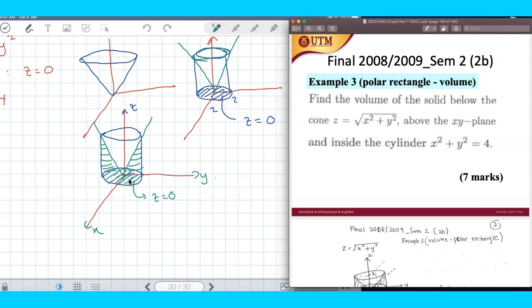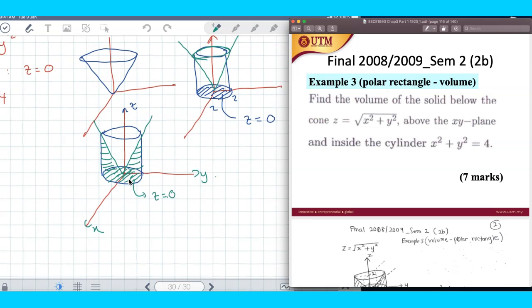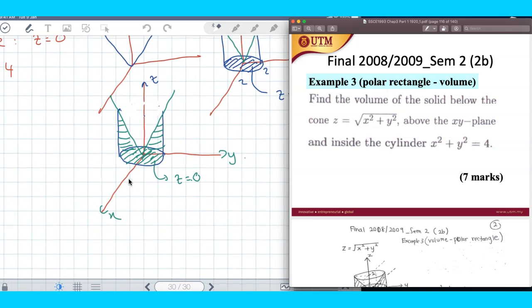It looks like we have to eliminate this part, we don't need that. So that is the solid that you have to evaluate the volume of.